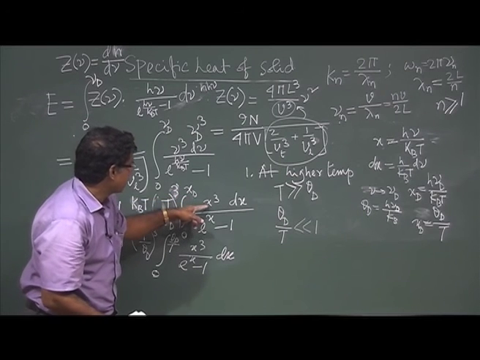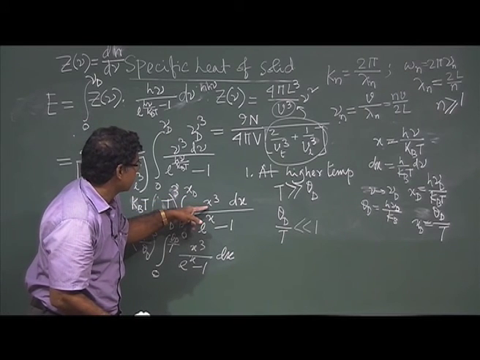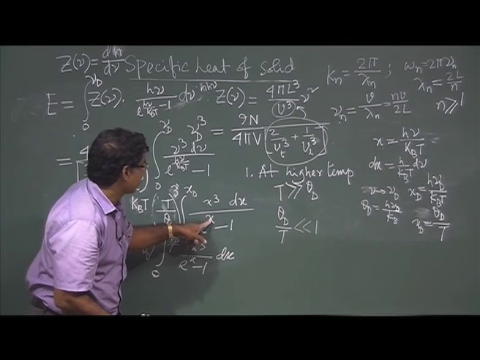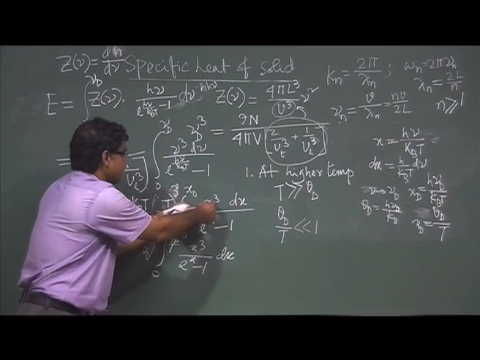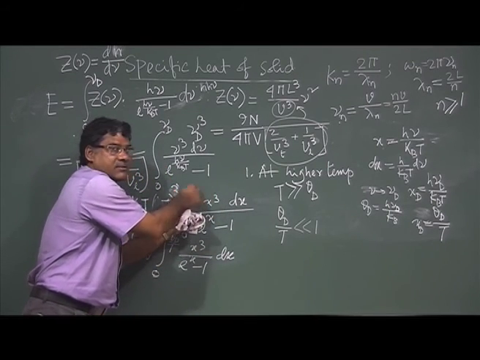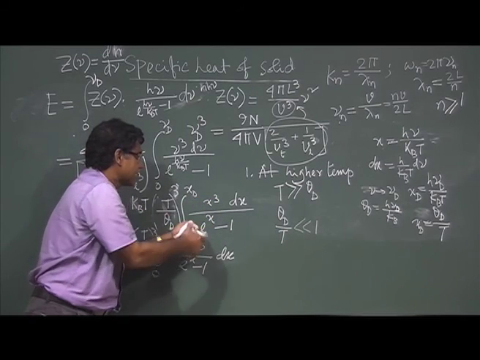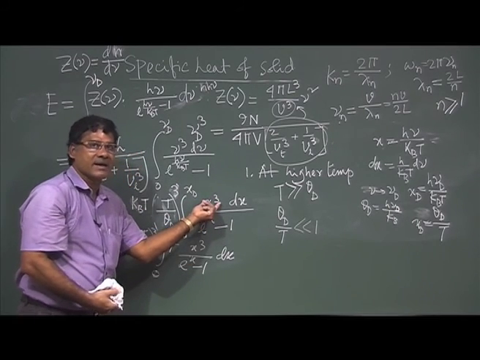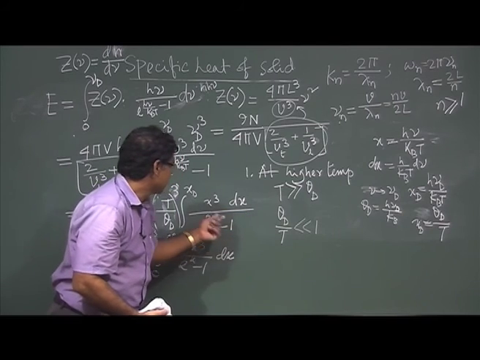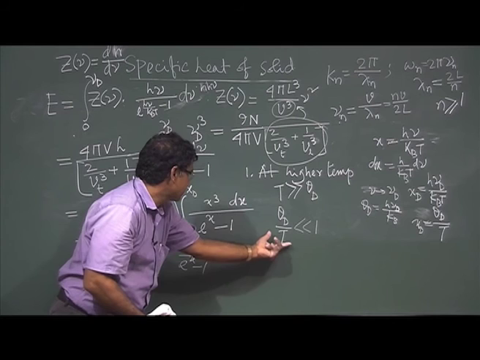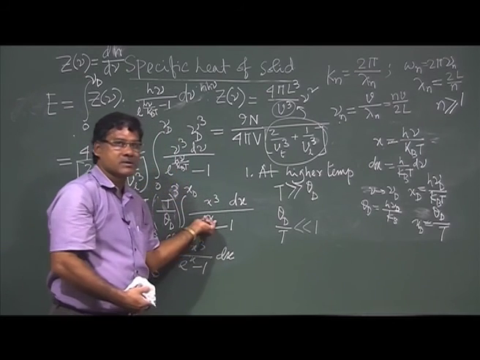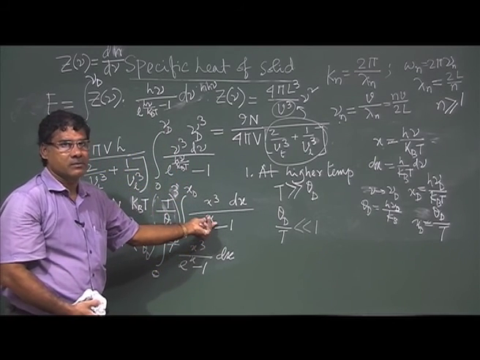So, basically x is very small, right, because ultimately this x d will come after integration. So, under this condition it is very small compared to 1.